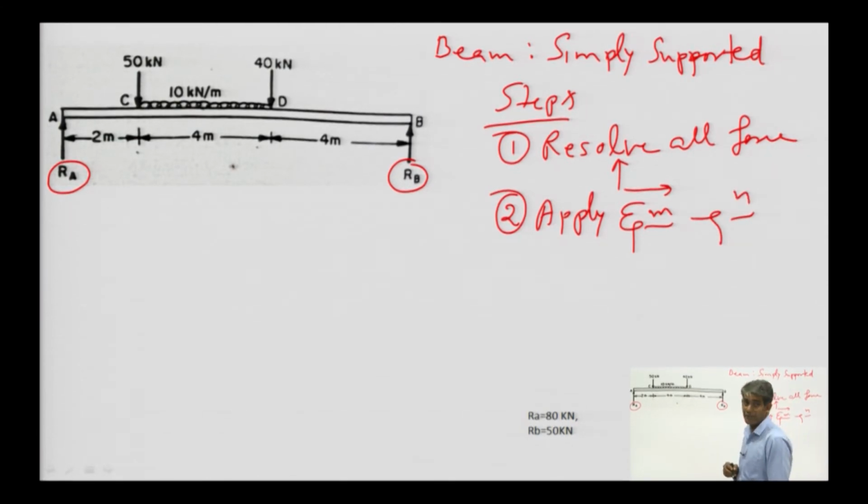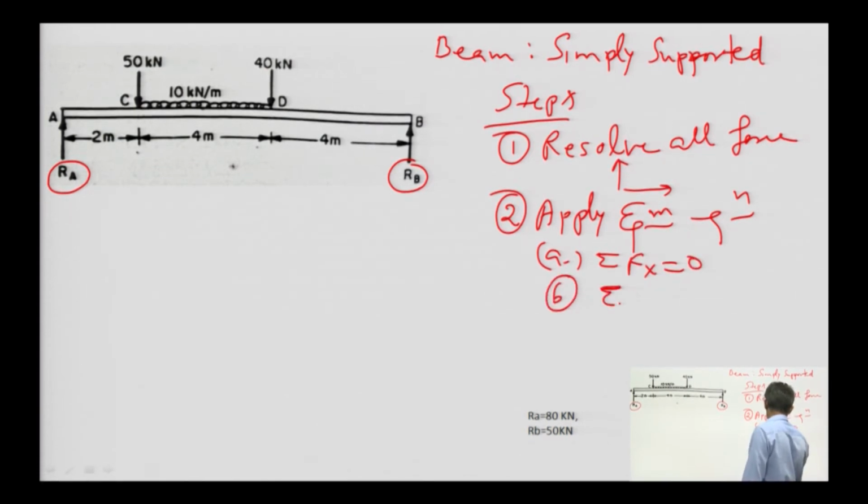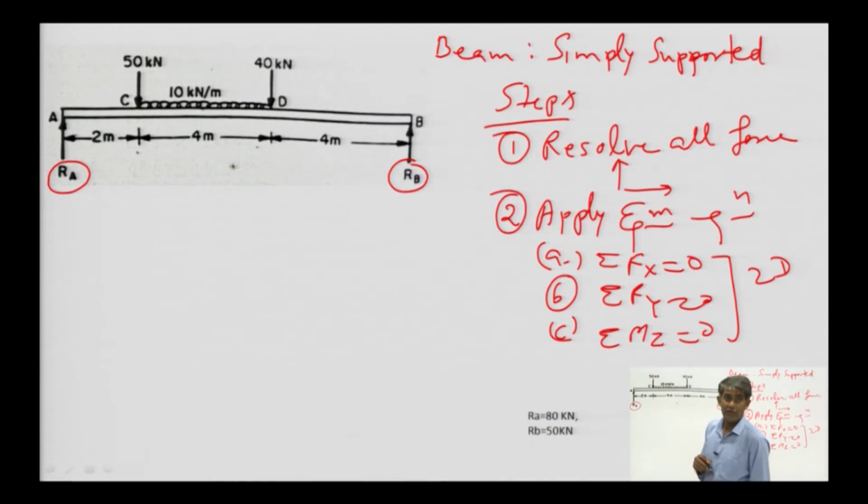What are the equilibrium equations? I have told you in previous classes that the equilibrium equations are sigma Fx equal to 0, sigma Fy equal to 0, and third is sigma Mz equal to 0 in case of 2D.